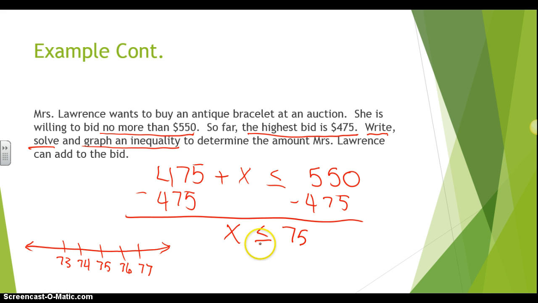X is less than or equal to 75. I'm going to have a shaded in circle at 75, and I'm going to shade to the left because my variable X is less than or equal to that. And that is my answer.